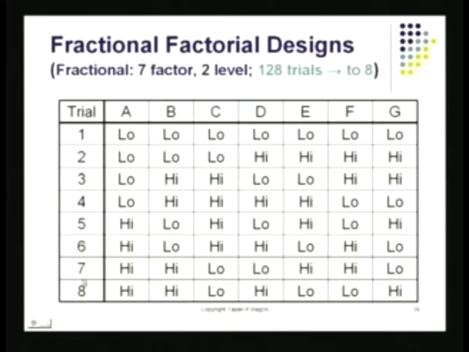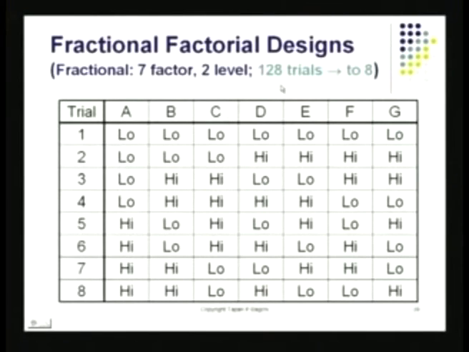I have again 8 trials, but here I've got factors A, B, C, D, E, F, G, 7 factors. If I'd run a full factorial experiment with 7 factors at 2 levels each, I'd have had to run 128 trials. What have I chosen to do?